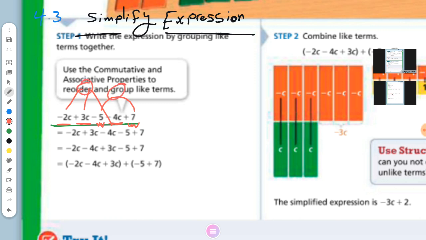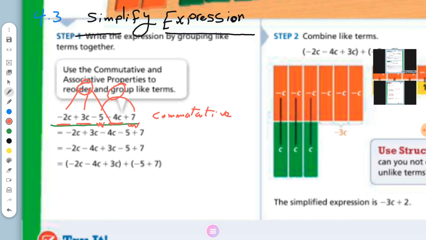I have to collect each group of terms together. First of all, I have to collect the c's with each other. So I will use the commutative property. This property is talking about changing or flipping the order of terms, so first instead of second.